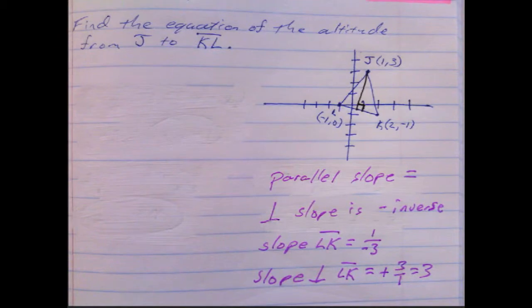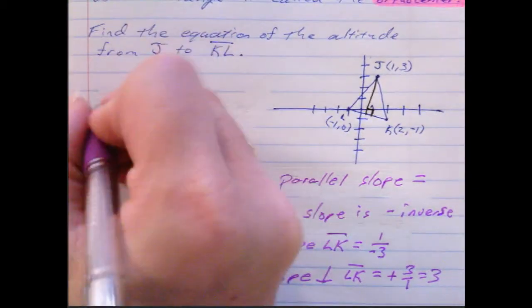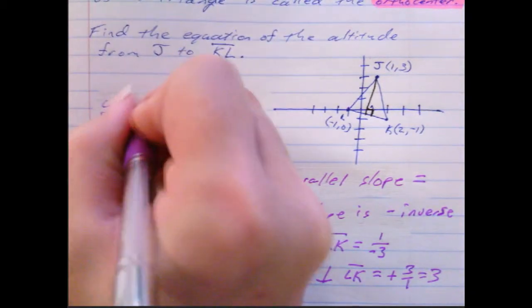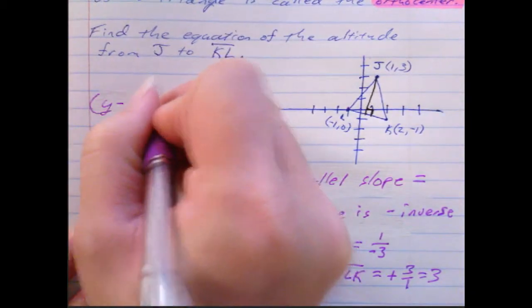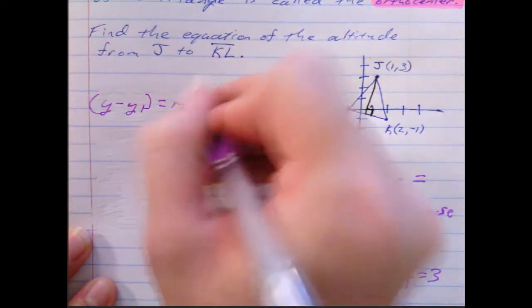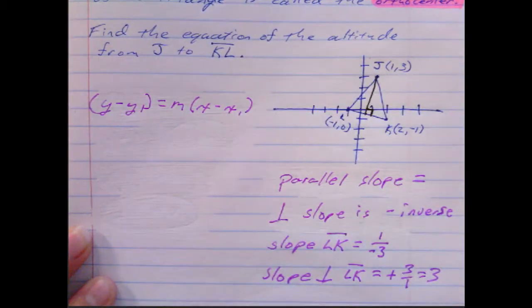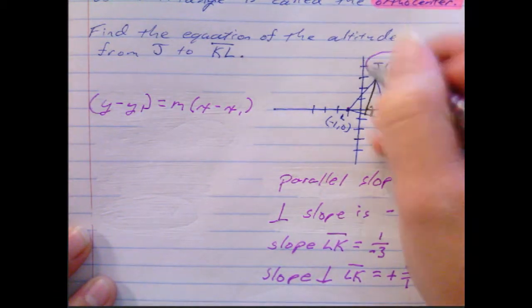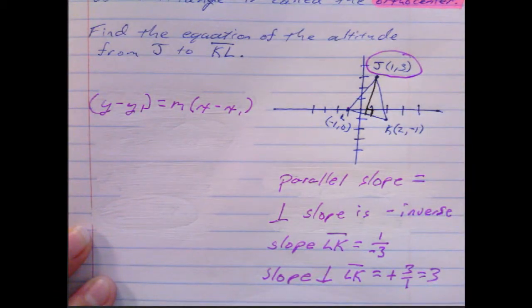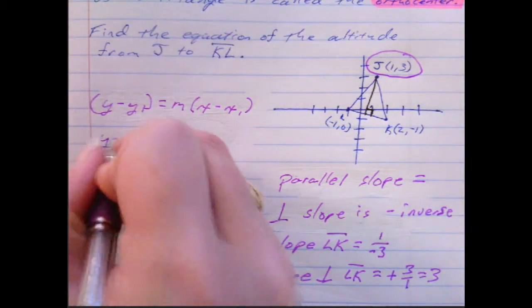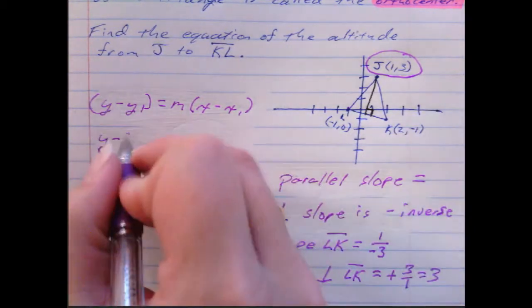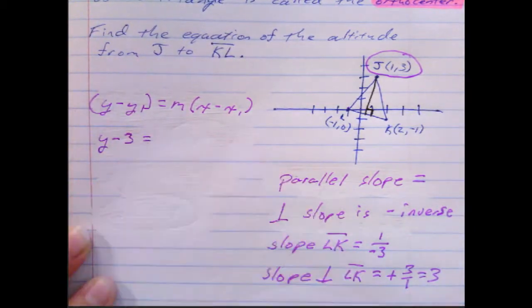Then we're going to be using one of our formulas. So since we have coordinates, we're going to use y minus y1 equals m times x minus x1. Alright, our point that we're using is point J. So we have y minus the y value, which is 3, equals m.